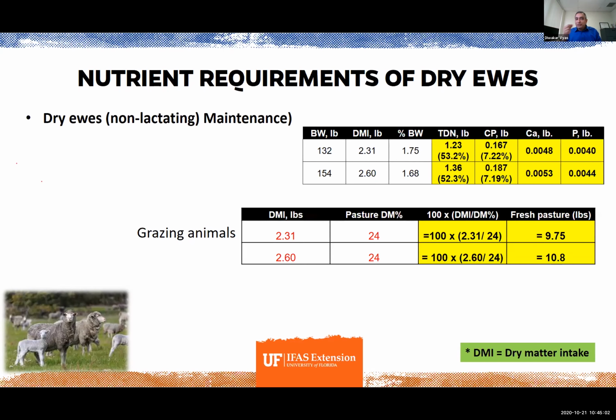That's where things get a little complicated, because right now it's okay. But when we come to lactation, maybe these animals cannot consume that much grass. They cannot consume more than 11 to 12 pounds of grass a day. So then we provide some supplements so that the rest of the nutrients come from the supplements. They don't have to consume that much pasture.